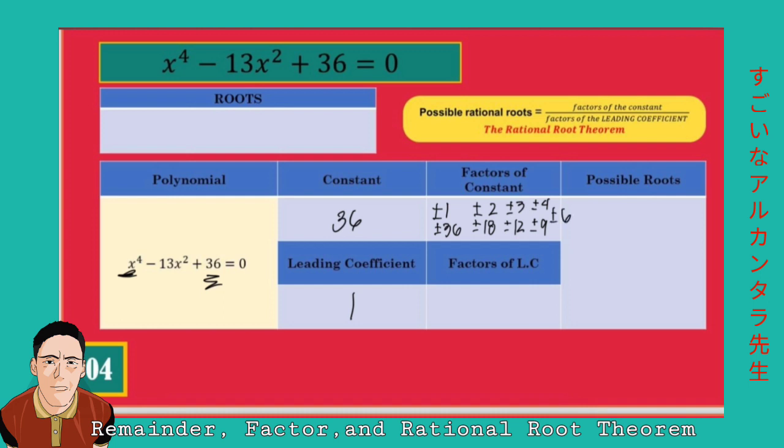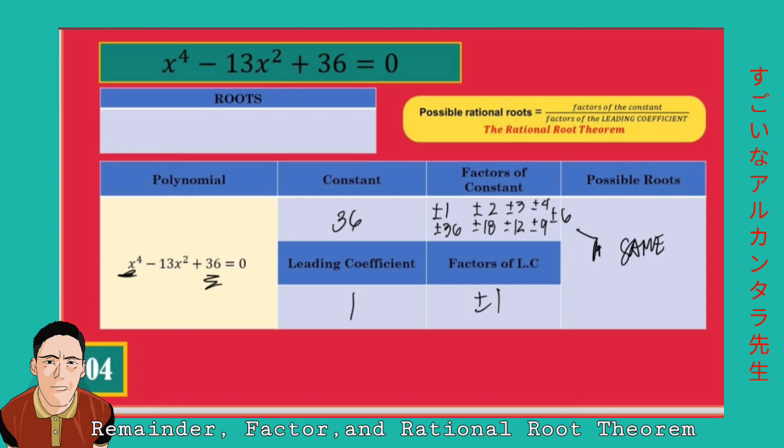So for factors of LC, positive negative 1, copy and paste lang, same lang siya dito. So I'm so sorry if I'm doing it this way na, but on your end, you have to write them down one by one. And then if you substitute all of them, 18 possible roots, you're gonna get 4 roots.